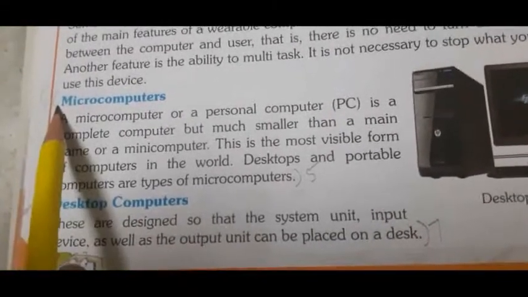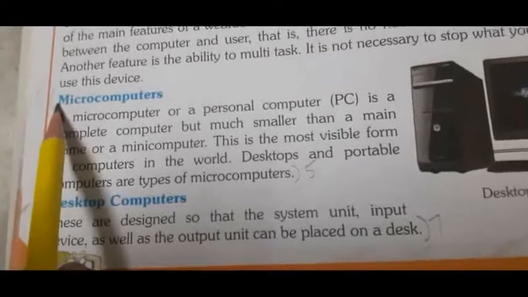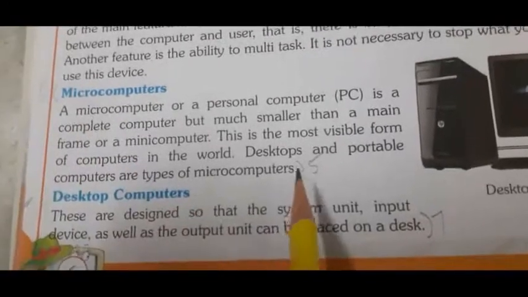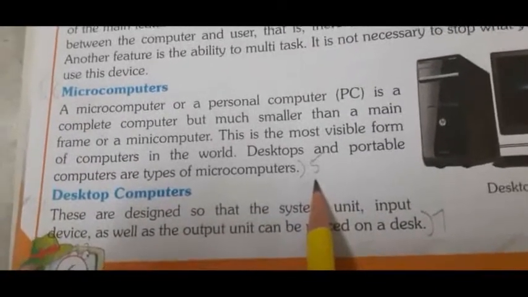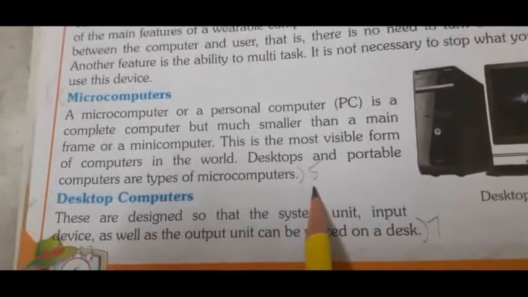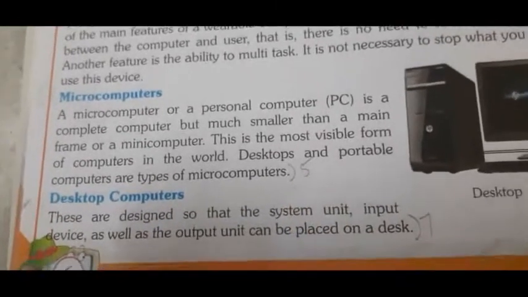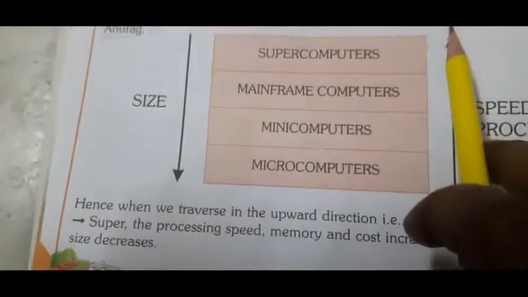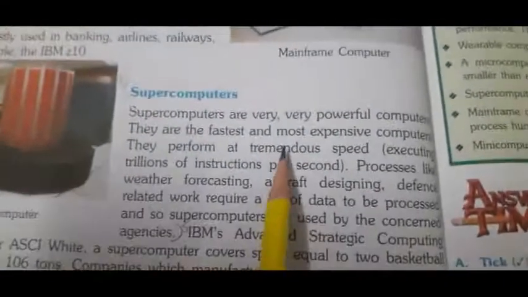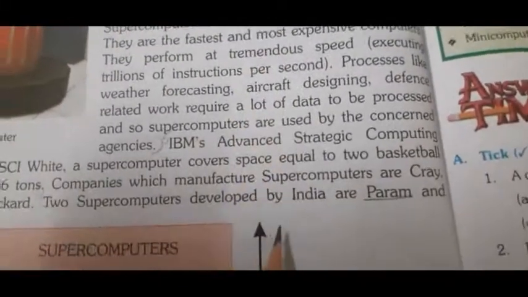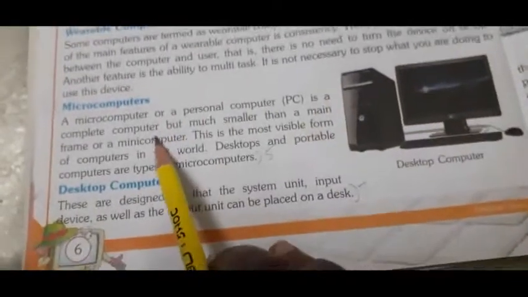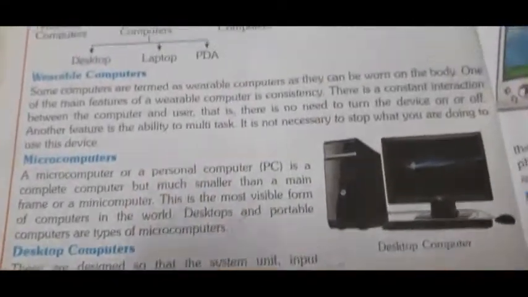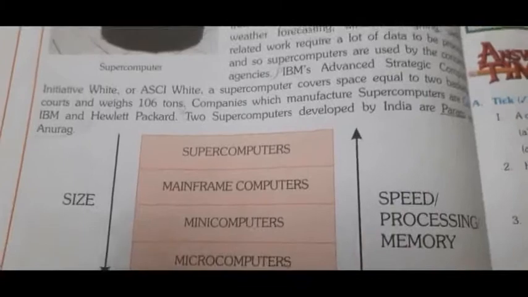From here onwards, the side heading also you should write. Here onwards, types of microcomputers up to here. So for the fifth question answer, you have to write these three parts. This one and this one and this one. Okay, right, children? So this is about the fifth question answer.